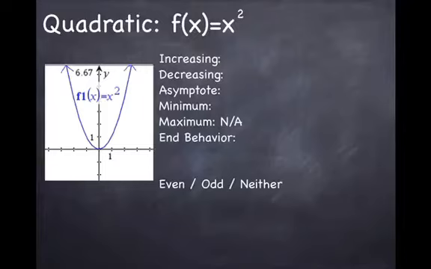So with that being the case, I want you to look at this quadratic function. You land on 0, 0, but notice you don't go below that. You don't have any negative y values. So let's go ahead and write down when we are increasing and when we are decreasing.